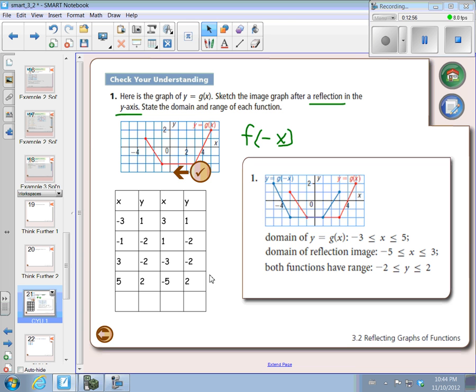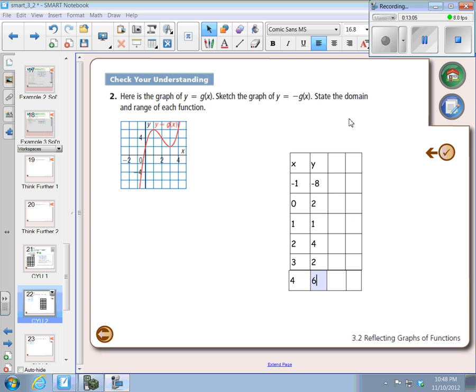Okay, let's go on to check for understanding number 2. All right, check for understanding number 2 wants us to perform a negative g of x rule. A negative g of x rule, if you look back to your poster, is multiplying g of x by -1.